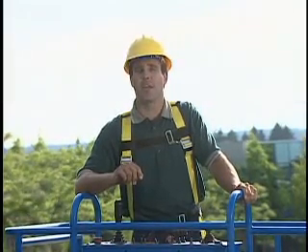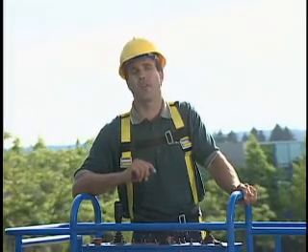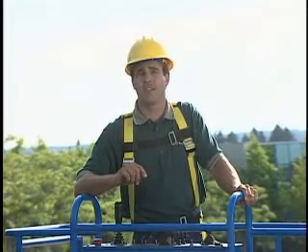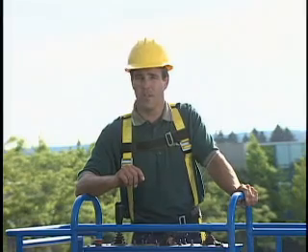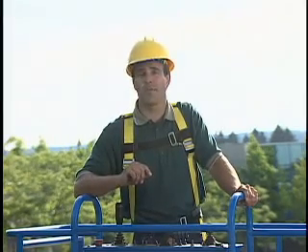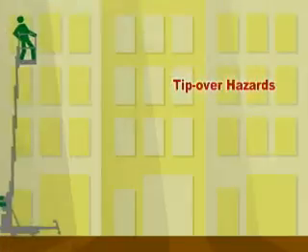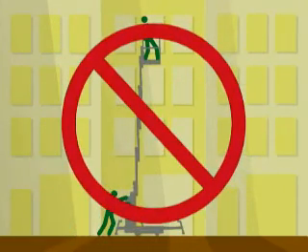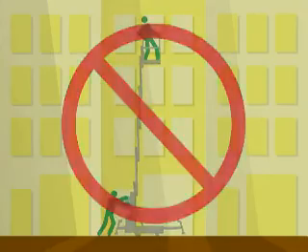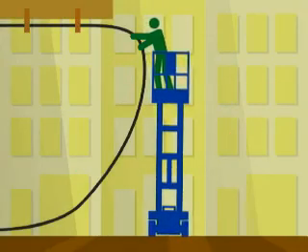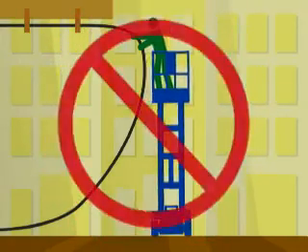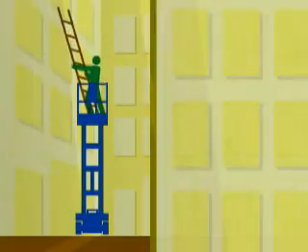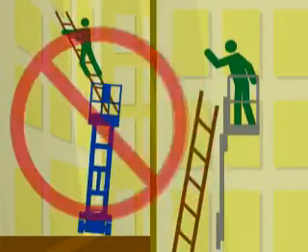Common sense and planning are required to determine if your work activity will affect the lift capacity and stability of the machine. Here are some situations to think about and avoid. The machine must not be moved with the platform raised unless it is designed for this purpose. Pushing or pulling on objects outside the platform. Placing ladders or scaffolds against the machine.